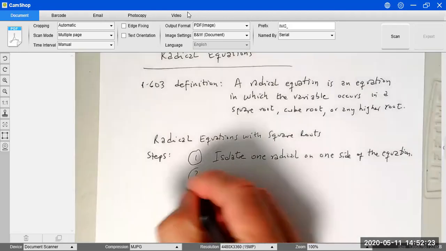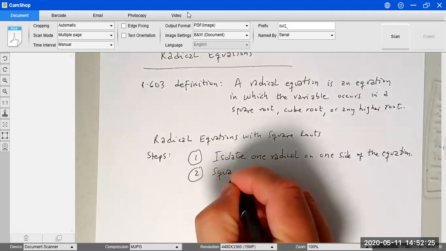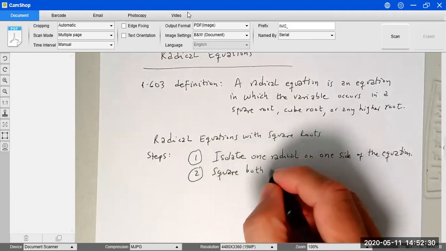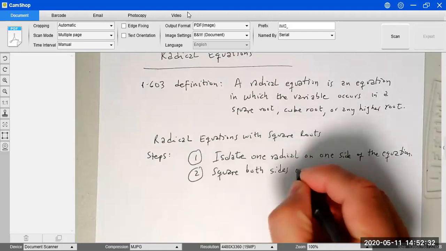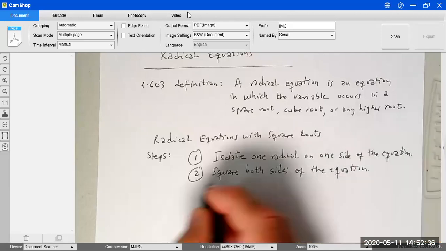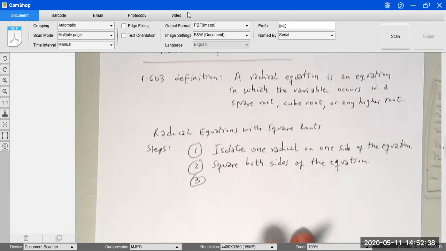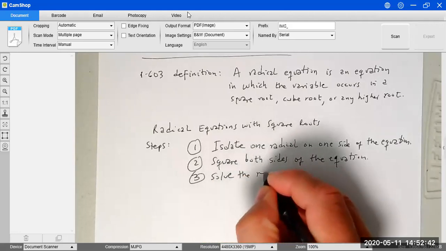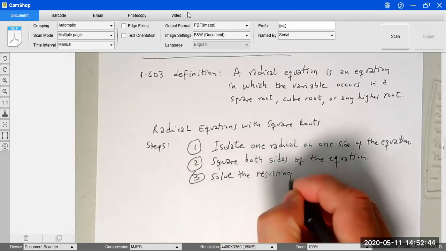The second step, you square both sides of the equation. Then the third one, you're going to solve the resulting equation.